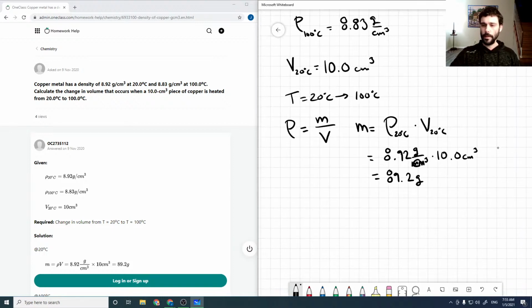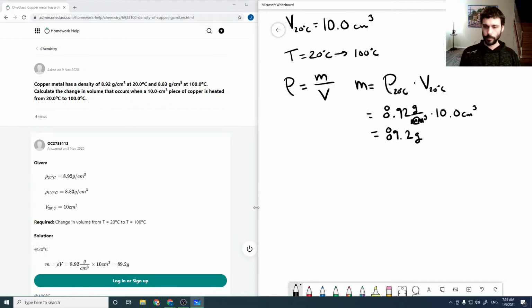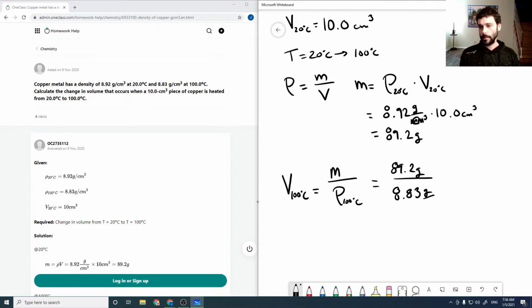Now we can compute our volume at 100 degrees Celsius as the mass over our density, which is 89.2 grams over 8.83 grams per centimeters cubed, which comes out to be 10.1 centimeters cubed.